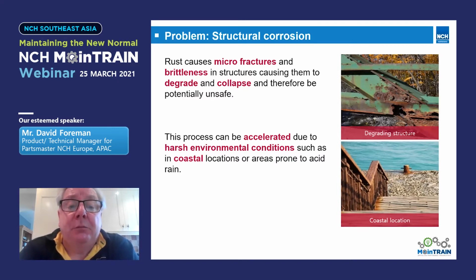And that process can be accelerated due to environmental conditions, particularly where you've got high humidity and also acid rain problems like you do have in parts of Singapore, Malaysia, and also other APAC countries.